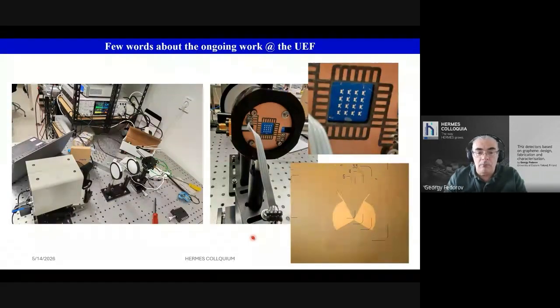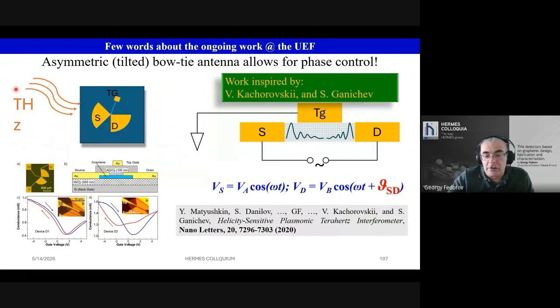Okay, so now I show a few slides about what we are doing at UEF. This is our working place, so it's kind of messy, but it shows that people do work here. Currently we fabricate structures that are not going to be used for the HERMES project itself, but are very good to characterize the quality of the device. They are shown here. The antenna is a tilted bow-tie antenna, and such structures have been shown to work as helicity sensitive detectors.